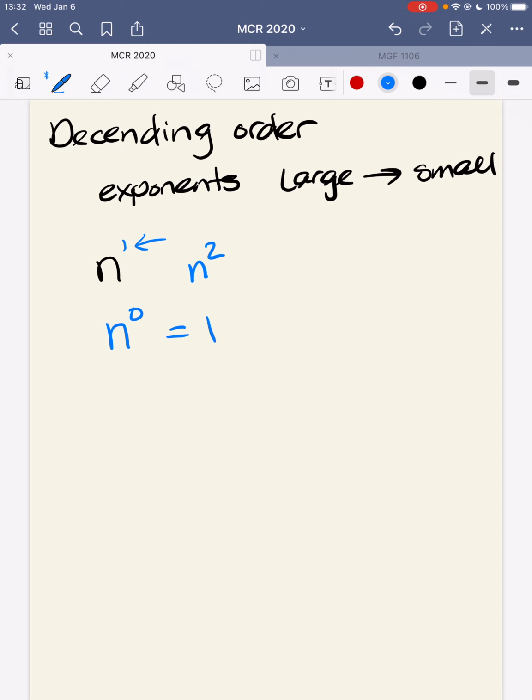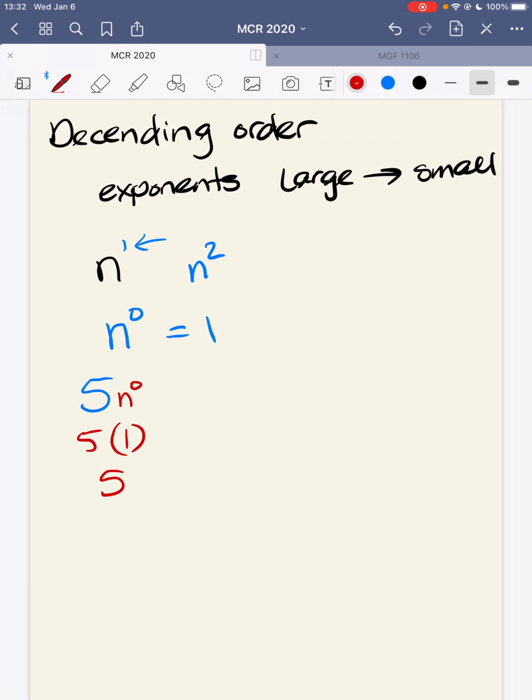Which means if I have the number 5 by itself, secretly that number 5 has an exponent, a 0 next to it. We just don't write it. Because if n to the 0 is 1, then 5 times 1 is just 5. So it doesn't help us in any way.